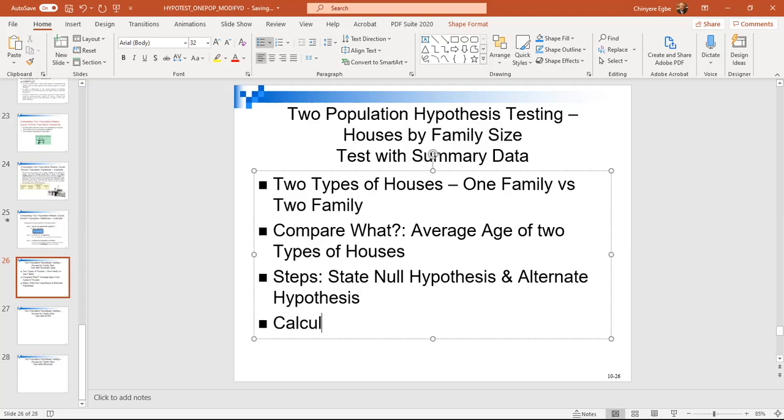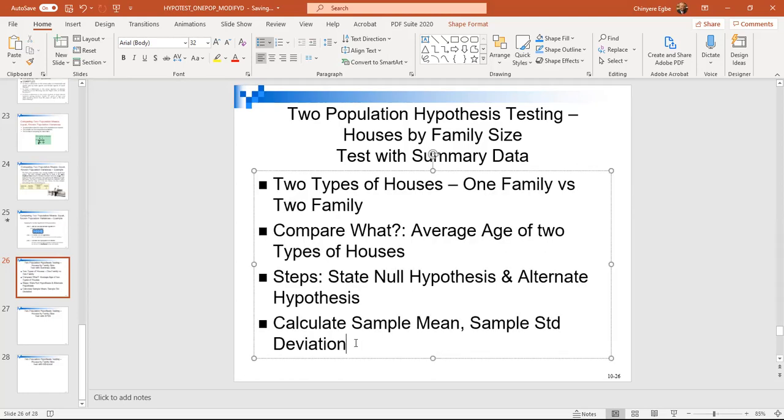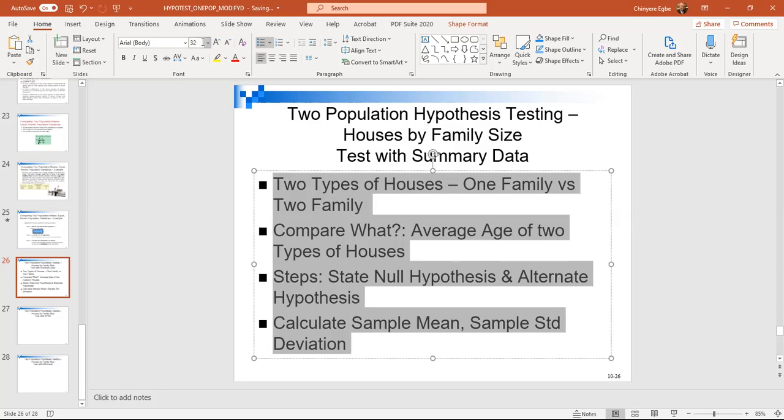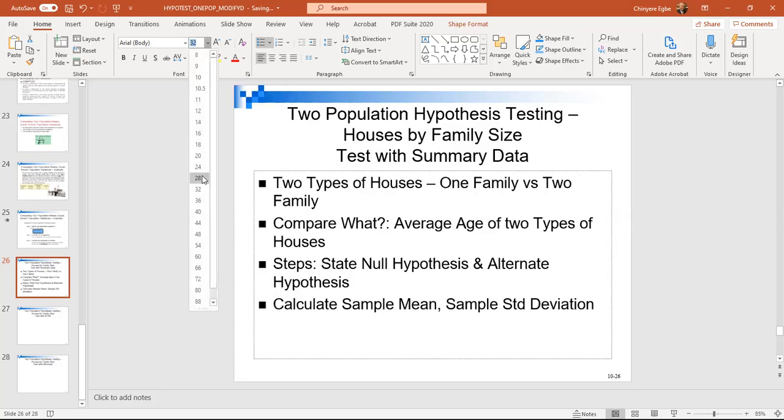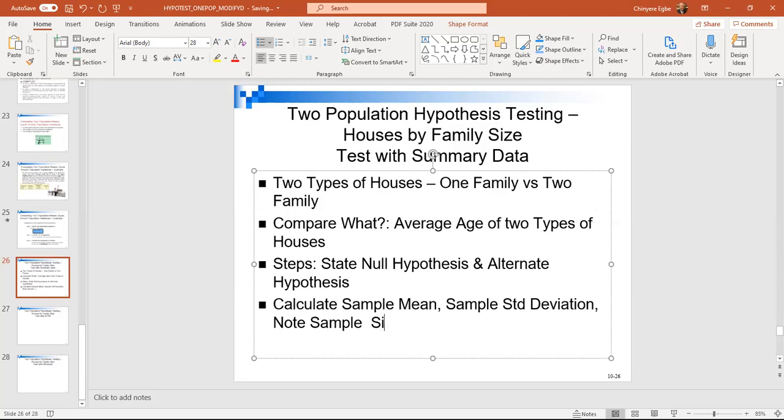We calculate our sample mean and sample standard deviation, and we note the sample sizes. And then, of course, we calculate Z.